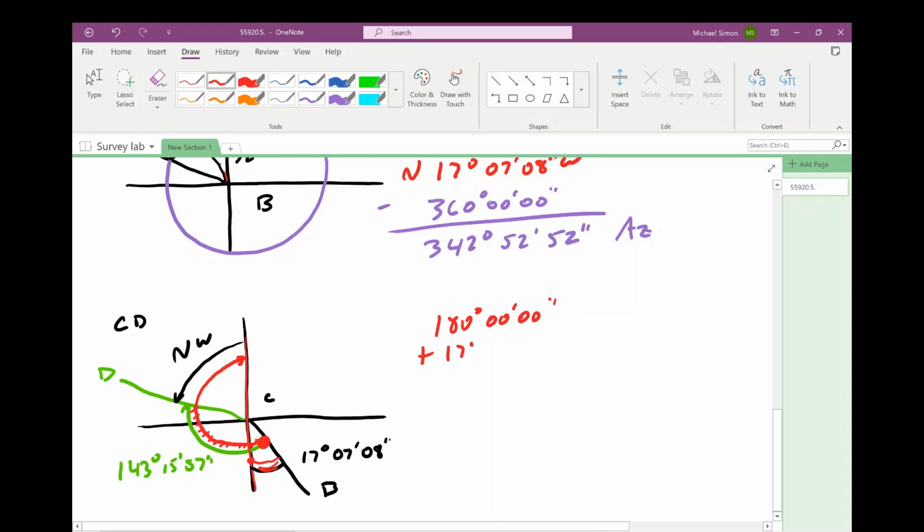So add 17 degrees, 07 minutes, 08 seconds. So 180 plus 17, 7, 8 is 197 degrees, 07 minutes, 08 seconds. We're then going to subtract 143 degrees, 15 minutes, 57 seconds.